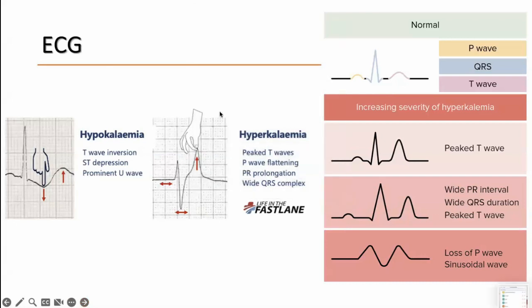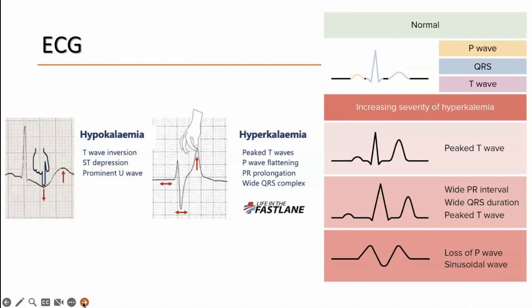So your ECG changes will also be more prominent as the severity of your hyperkalemia worsens. Initially, you might just have a peak T wave. As it worsens, you could have a wide PR, a wide QRS, and then ultimately, you will have a loss of that P wave, and it almost looks like a sinusoidal kind of wave. At that point, your serum potassium is extremely high. For just your peak T wave, you're looking at a potassium of between 5.5 and 6.5. When you've got other features like the widening, you're looking at a 6.5 to 8.